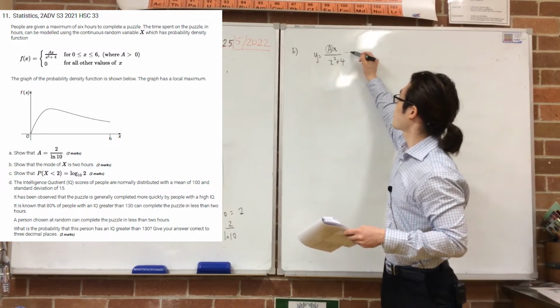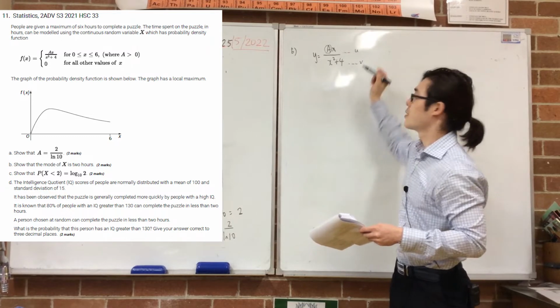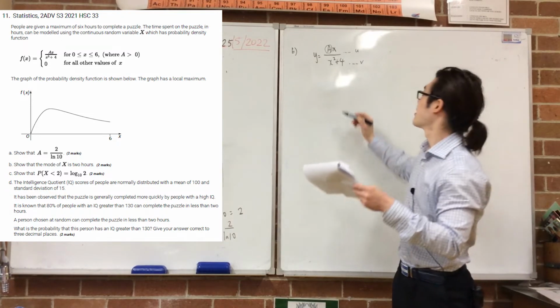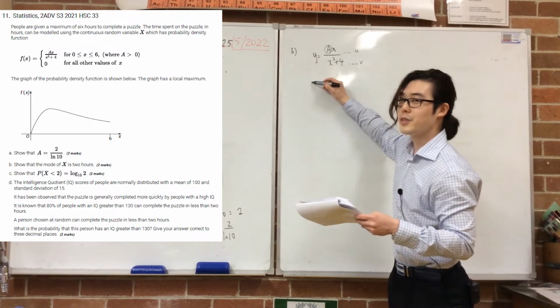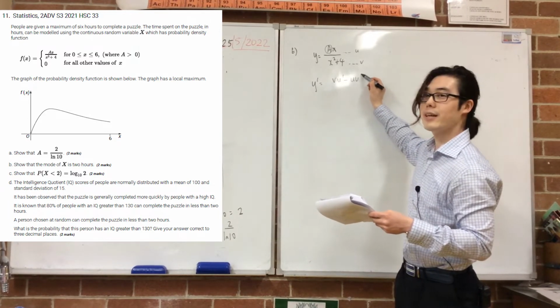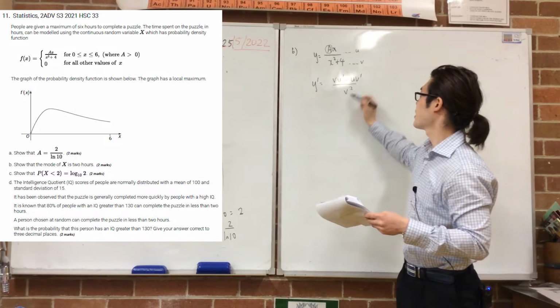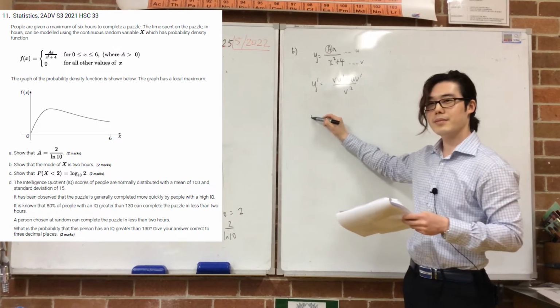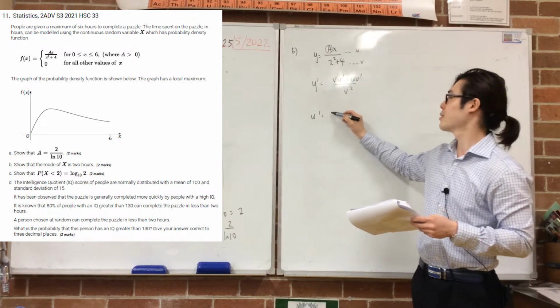So how do I differentiate this? You don't remember? It's a quotient rule. vu dash, or however you like to memorize it. So what's u dash from here?